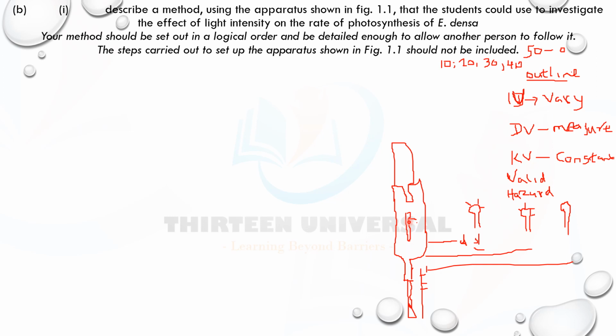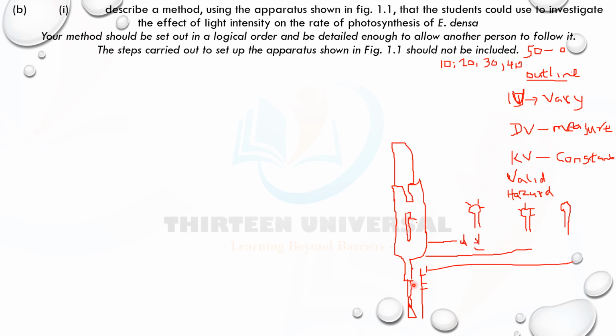The plant should have the same length and same species, and cover it, put the plunger here, and then set up your light and allow it to acclimatize. Then after some time, you start taking the reading moved by the meniscus for each of these distances. So they are placed at different distances.